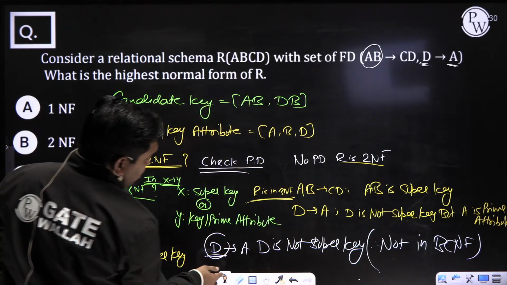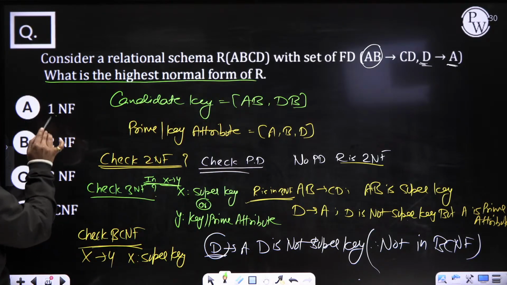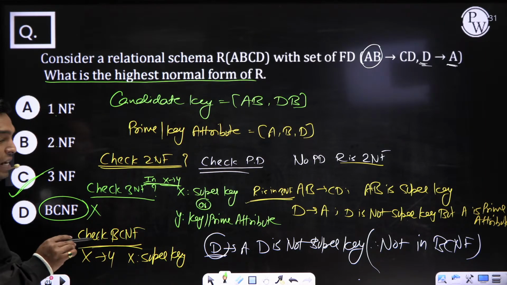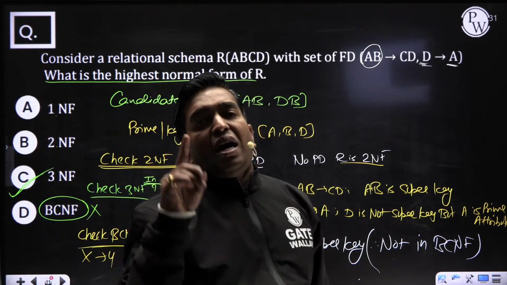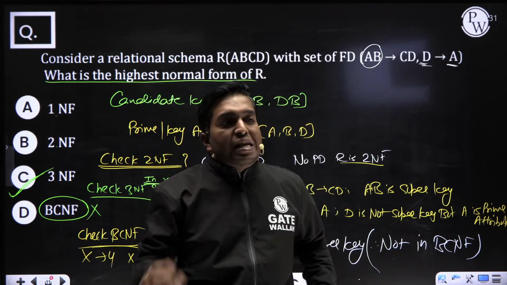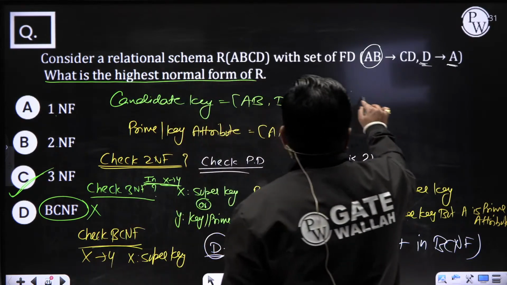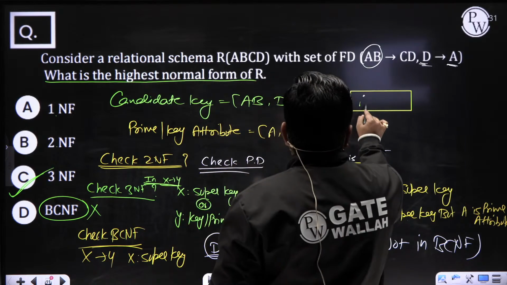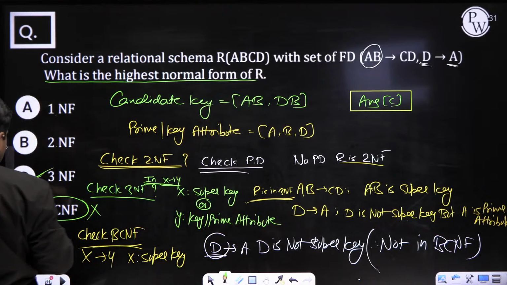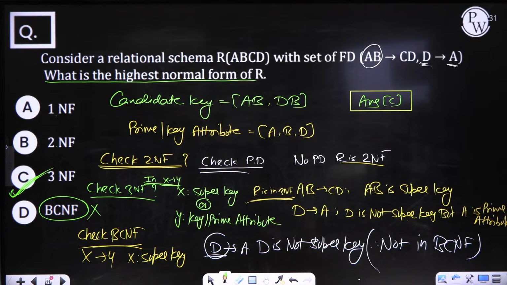What is the highest normal form of R? 1NF yes, 2NF yes, 3NF yes, because BCNF failed. Clear everyone? So 3NF is the highest normal form satisfied by the above FD set for this relational schema. So C is the right answer. Crystal clear everyone?